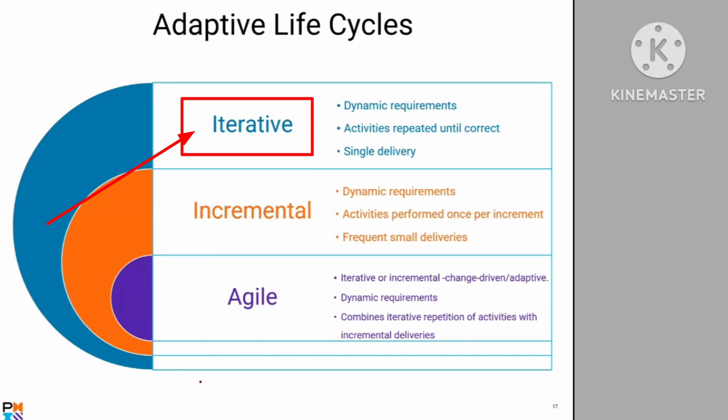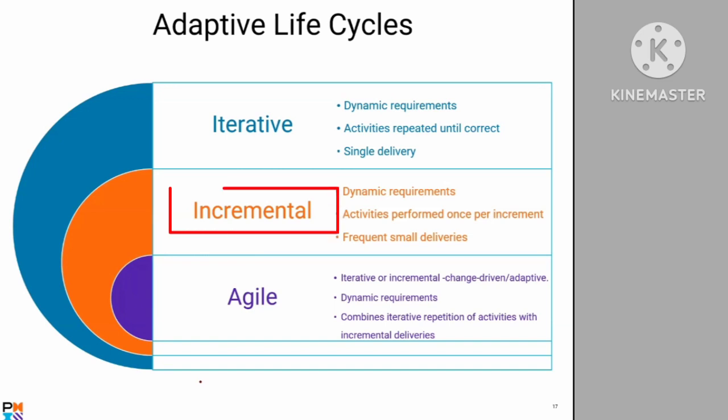We are not changing the scope of the project or the scope of the product. That means we are doing some polishing work in the case of iterative, but in the case of incremental, the scope is completely changing. That is the main difference between the iterative life cycle and the incremental life cycle.